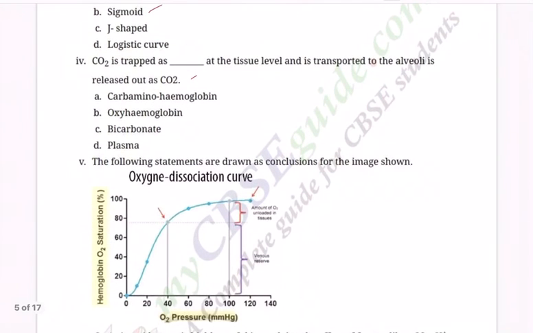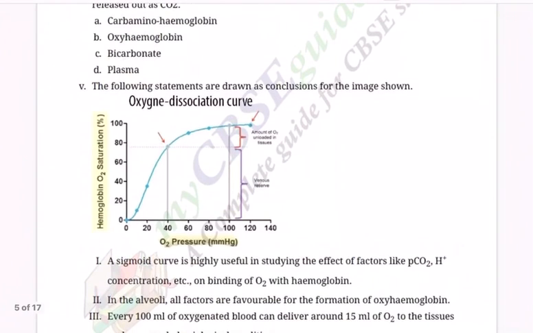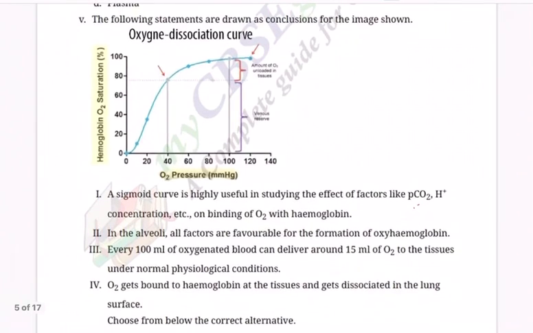Question 5th. The following statements are drawn as conclusions for the image shown, oxygen dissociation curve. So you have oxygen pressure in millimeter Hg on the x-axis, and hemoglobin oxygen saturation percentage on the y-axis. So you have a sigmoid curve there. 1. A sigmoid curve is highly useful in studying the effect of factors like partial pressure of CO2, proton concentration on binding of oxygen with hemoglobin.